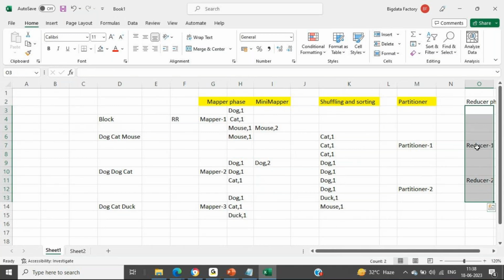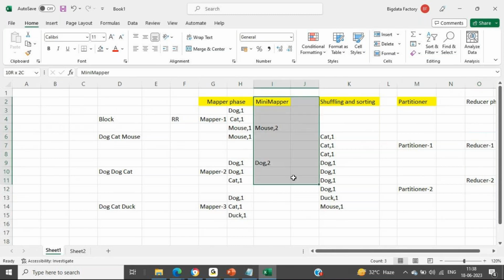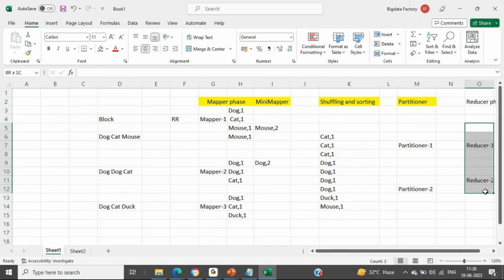So if you want to do the optimization on the reducer side, first, you can add a minimapper, and second, you can remove the reducer as well.